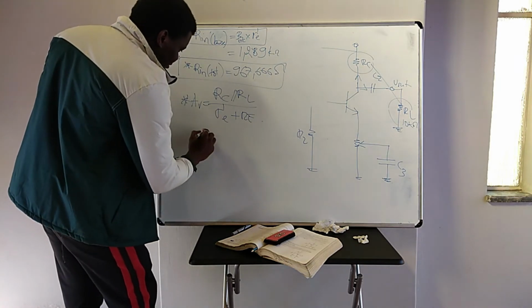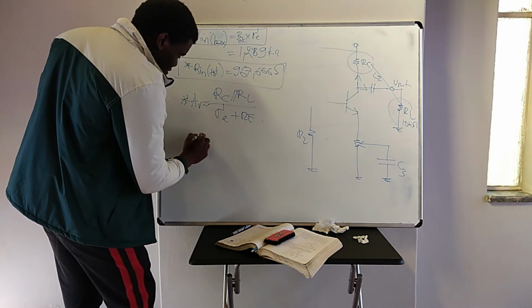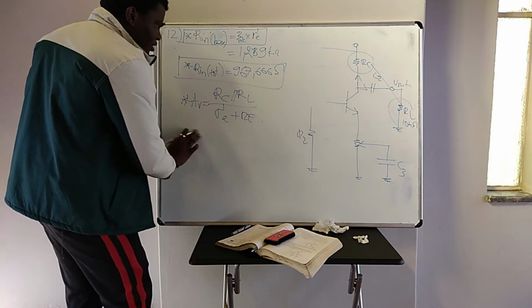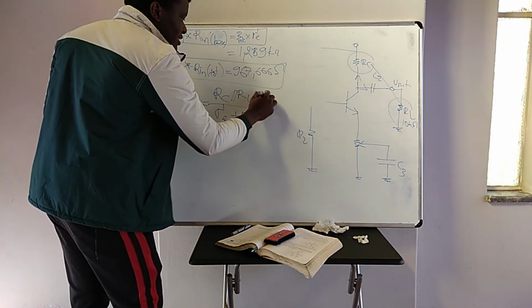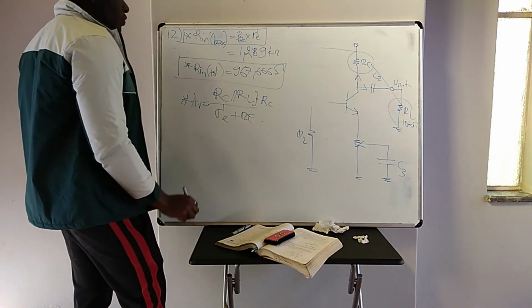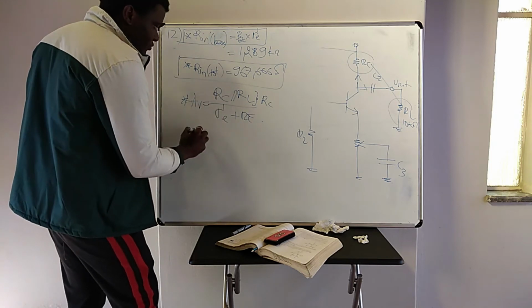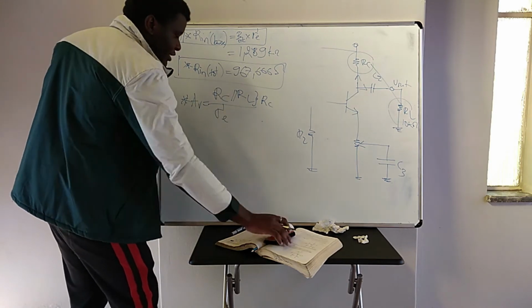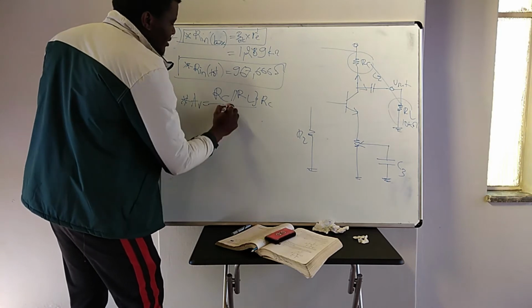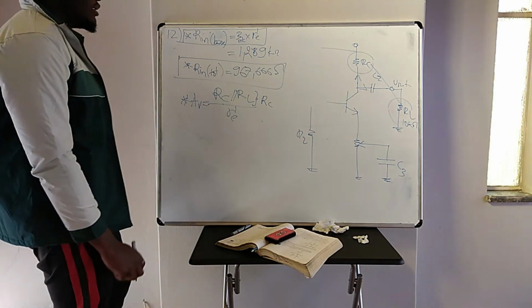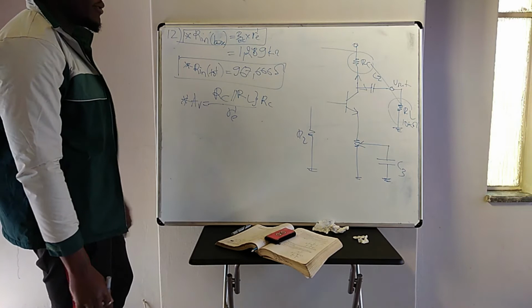Sometimes they call this R small e. So we can calculate this part. Sorry, it's going to be R accent E only, please. So what we check is that parallel.